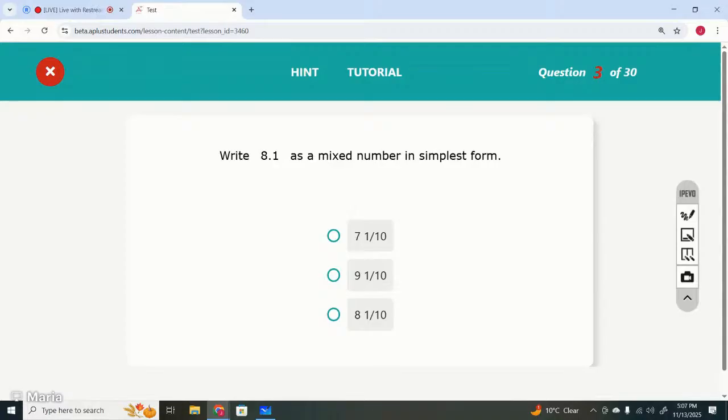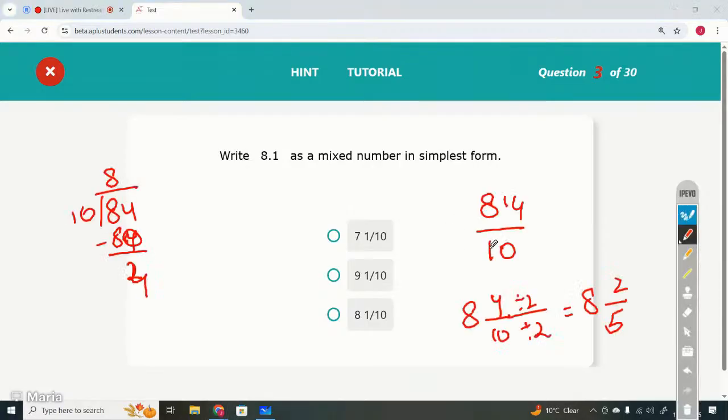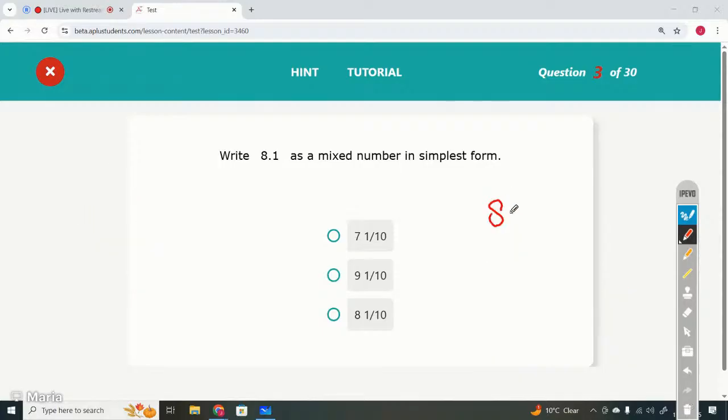Write 8.1 as a mixed number in simplest form. So 8.1, just remove the decimal point. It is 1 for the decimal point and we have only one digit. So that is 81 by 10. Just divide 81 by 10. 10 times 8 is 80. So 81 minus 80 is 1.